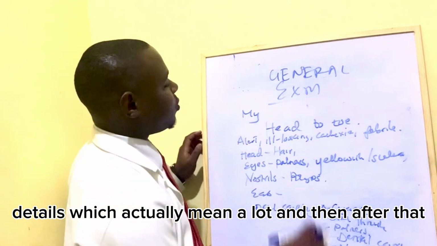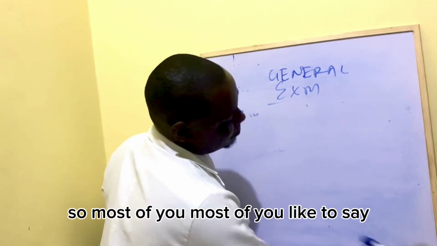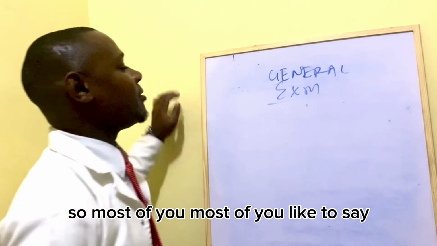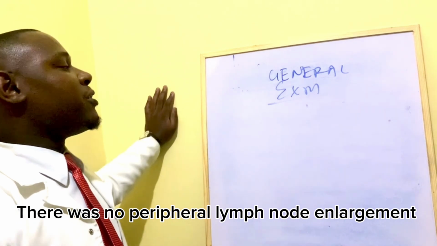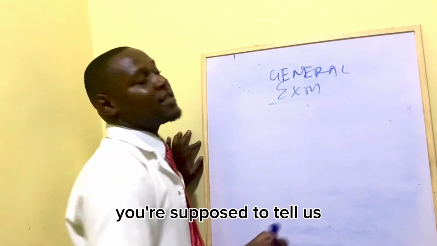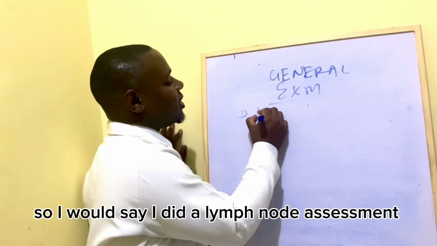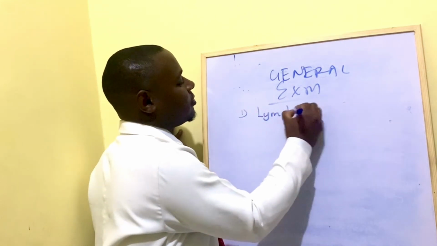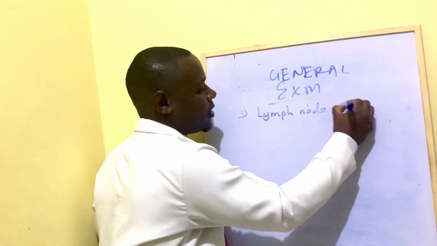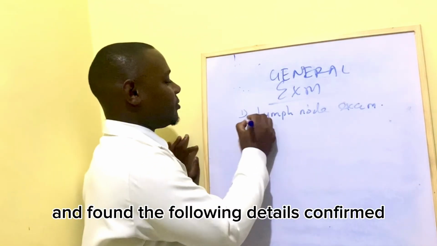And then after that, what else do we do? After that, we go to lymph node assessment. So most of you normally say, there was no peripheral lymph node enlargement. Come on, as long as you're still learning, you're supposed to tell us the lymph nodes that you have examined. So I would say I did a lymph node examination and found the following details.